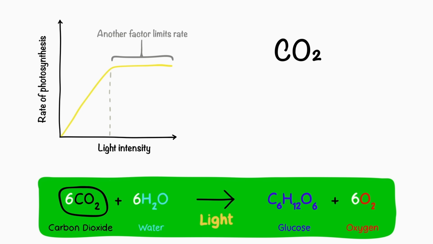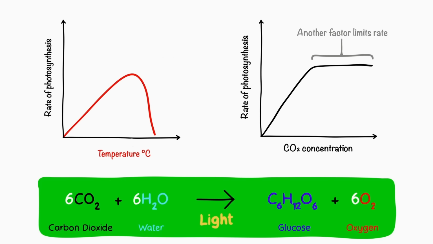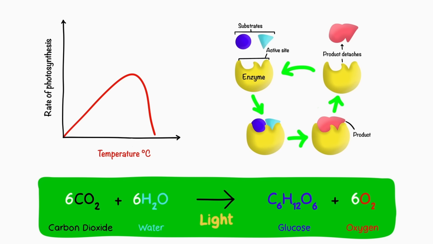Carbon dioxide concentration is our second limiting factor. CO2 is one of the raw materials needed for photosynthesis. Similar to light intensity, as CO2 levels increase, the rate of photosynthesis increases, but only up to a point. The graph flattens out when another factor becomes limiting. Temperature is the third major limiting factor. Photosynthesis involves enzyme controlled reactions, and these enzymes are affected by temperature.